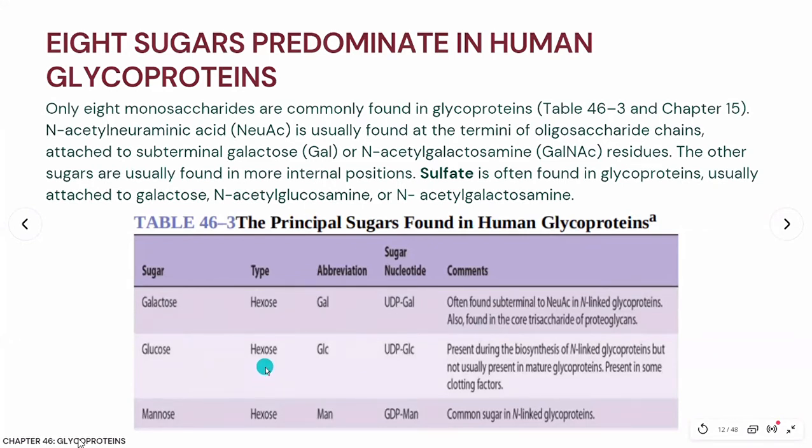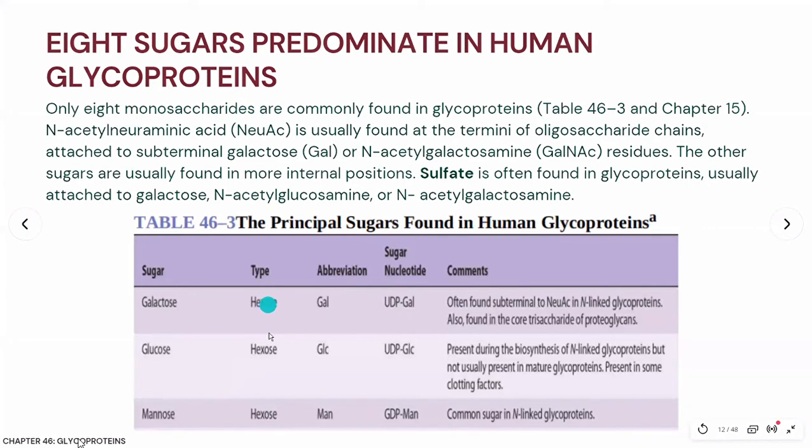The type is a hexose, just like your galactose. Galactose is an isomer of glucose, as well as mannose is also an isomer of glucose. They are all hexoses.